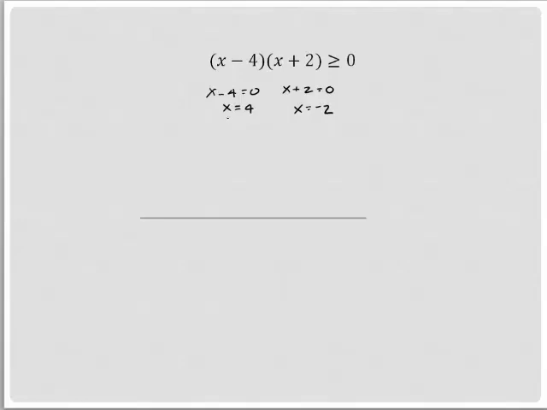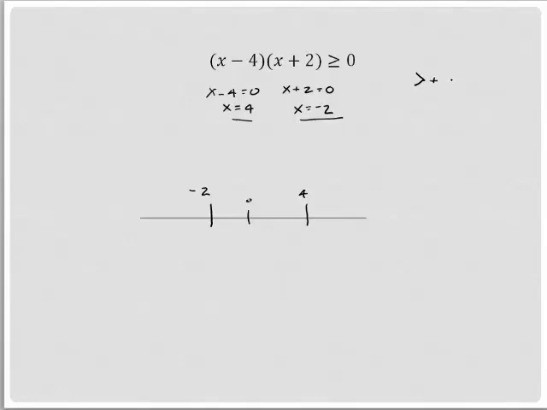Okay, now these are what I refer to as the pinpoints. I'm going to put 0 in here, and I'm going to put 4 in here, and I'm going to put negative 2 in here. Now let me give you one little thing that you're not going to remember that we'll work on as we go through the problems.